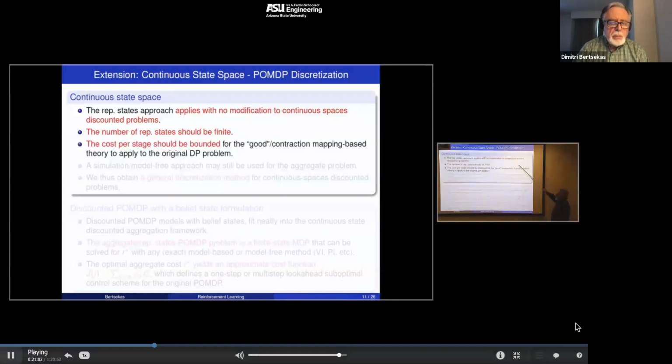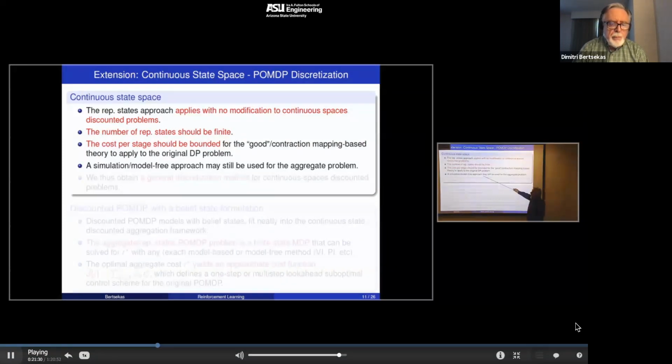We haven't talked about infinite horizon continuous space problems except in the very beginning. There is a theoretical requirement that the cost per stage should be bounded in order for the good theory to apply, because only then we would have contraction mappings underlying. But that's fine. The cost per stage should be bounded.